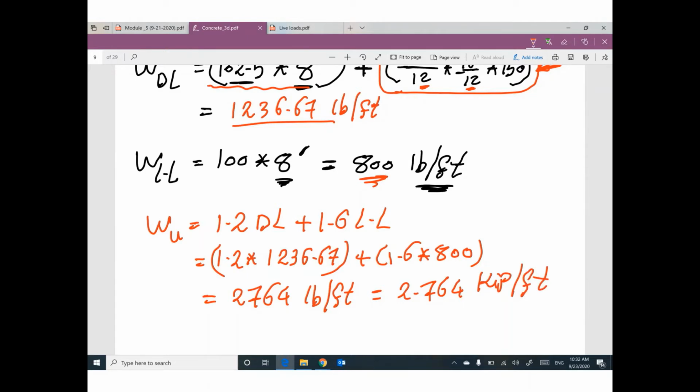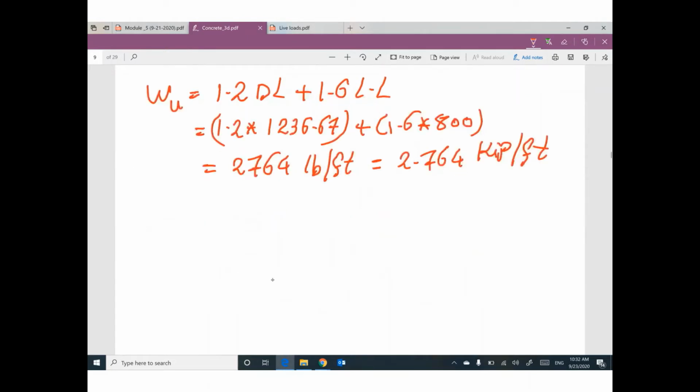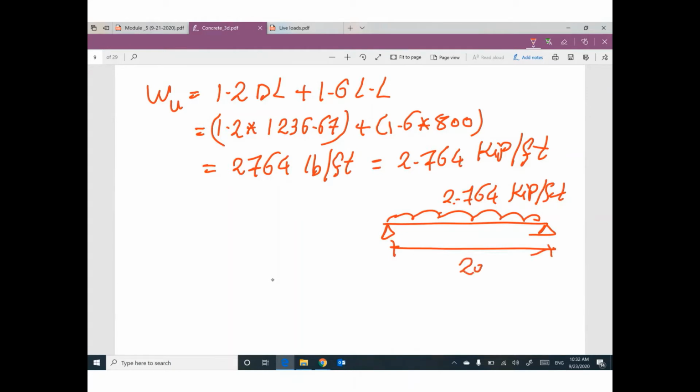So guys, we have a beam with uniform distributed load. How much? 2.764 kip per foot. And the span is 20 feet. Do you remember? Go back. Your bending moment looks like a parabola. The maximum value, which is M ultimate, will be WL square divided by 8.